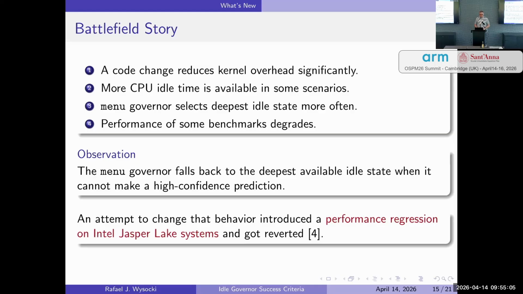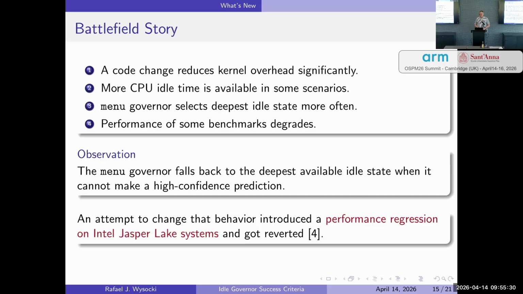So it looked to the governor like it could use deeper idle states more often, and it started to do that, and then the performance of some benchmarks degraded because of the exit latency.